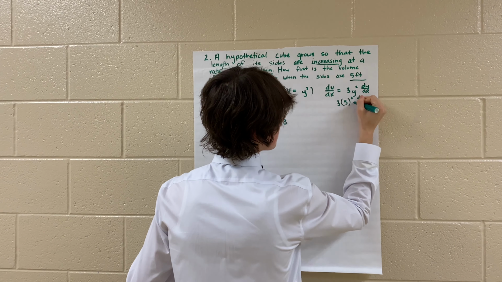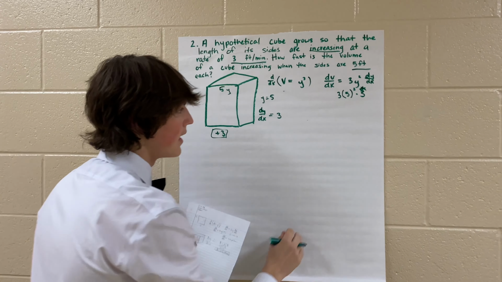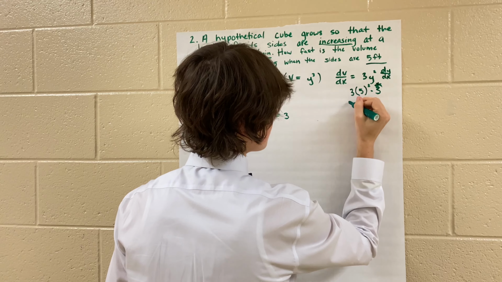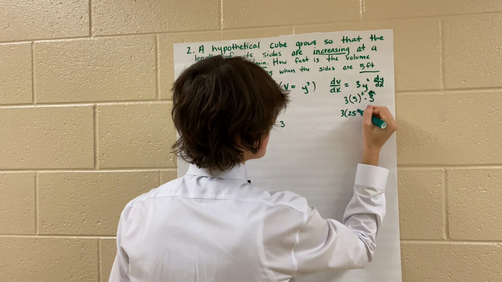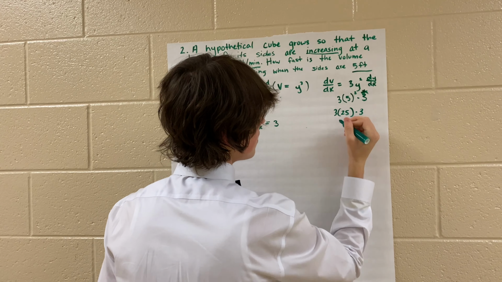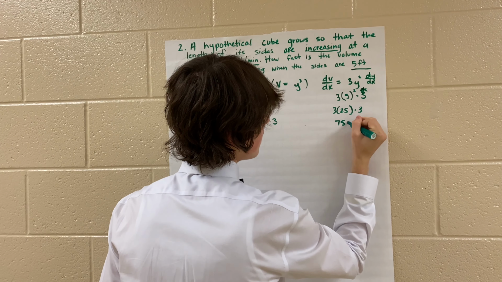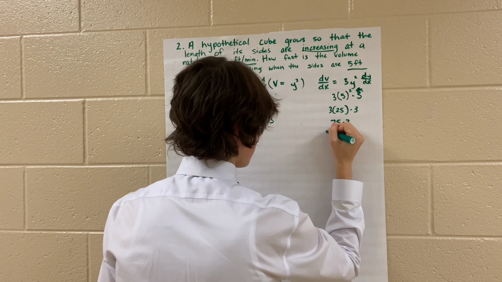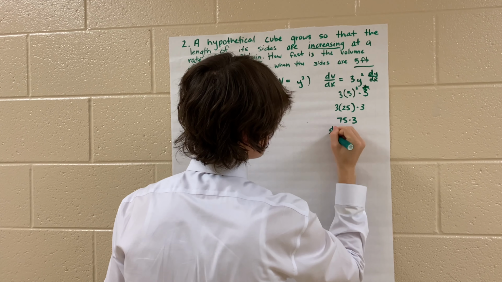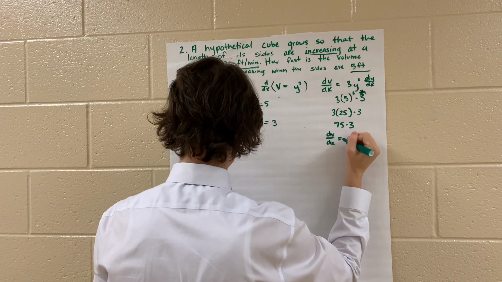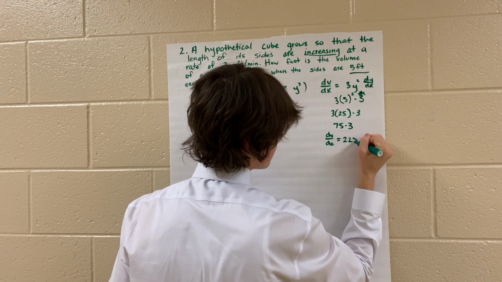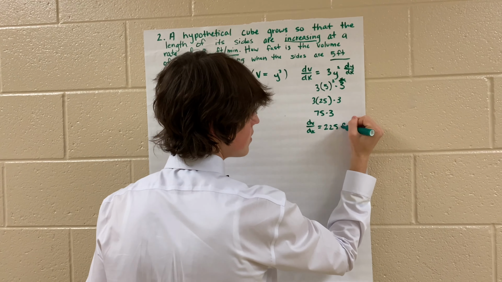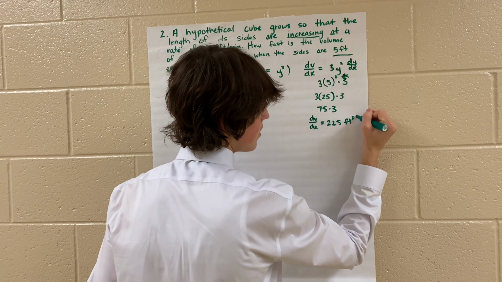So we can plug that in right there, and then we can just multiply it out. 5 squared is 25. 3 times 25 is 75, and you multiply that by 3, and then we know that our dV over dx is equal to 225, and then we have to do cubed because it is volume, so feet cubed per minute.